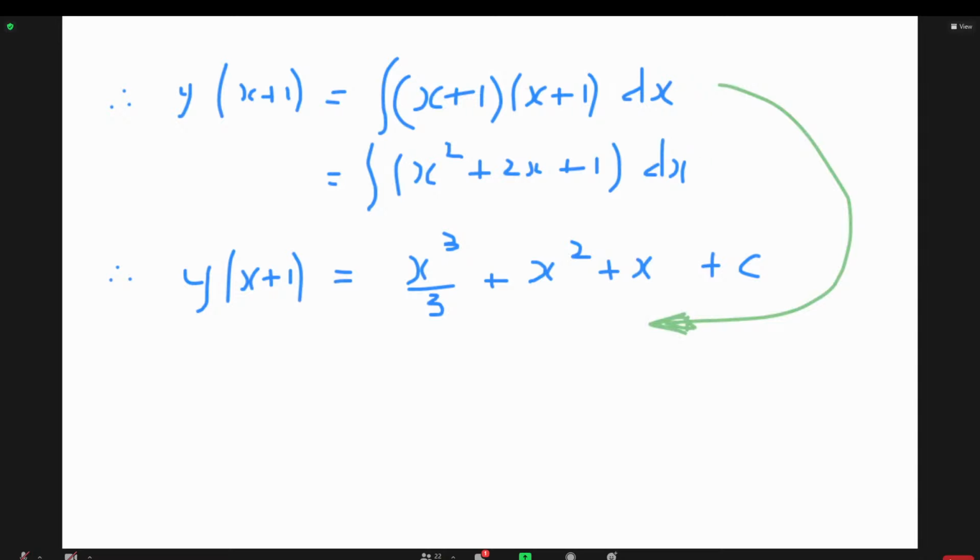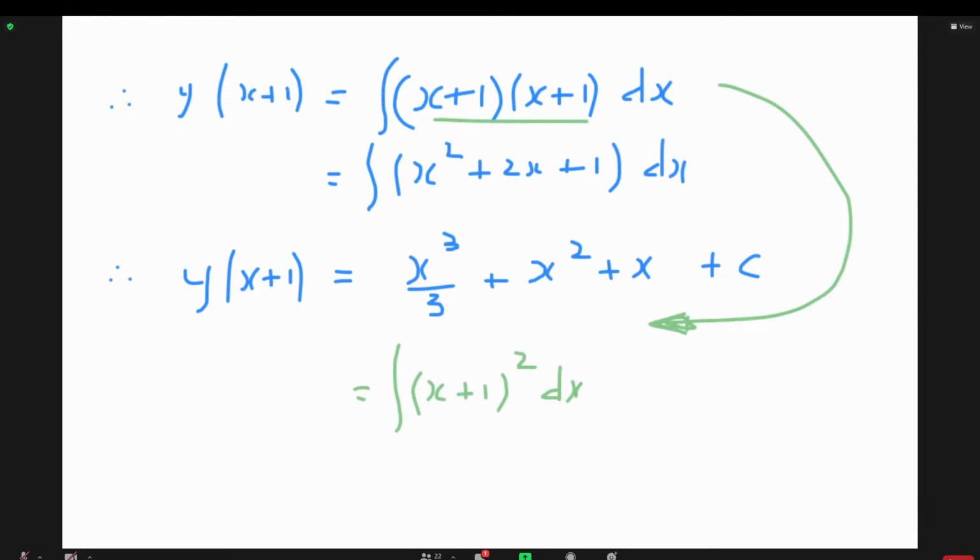But we could have written this as, all right, we just write it back as x plus 1 squared. Okay.